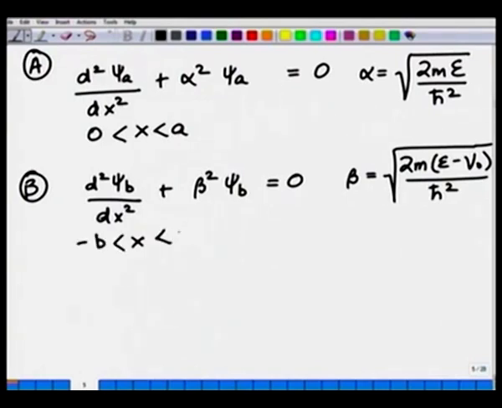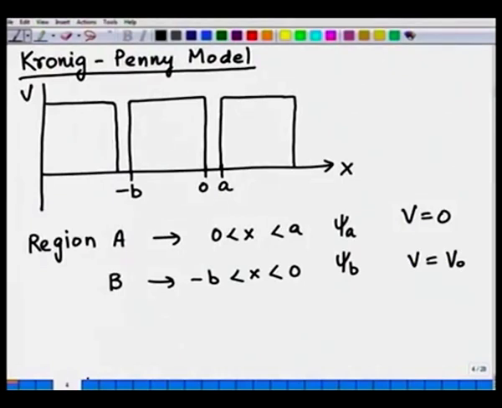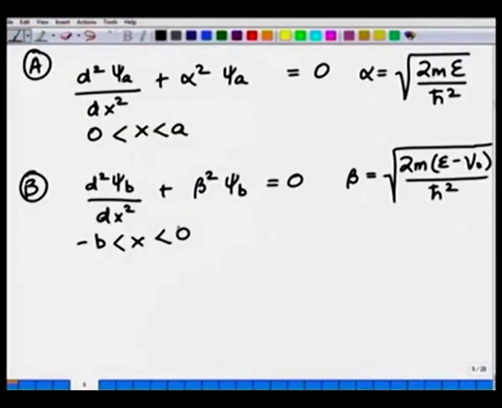So, now I am solving in this region B, where I have essentially a potential V₀, whereas potential is equal to 0 in region A. So, I am going to solve these two Schrodinger equations together and apply boundary conditions onto them, and find the solution and how the energy behavior would be. Essentially, that is what we really need to do.